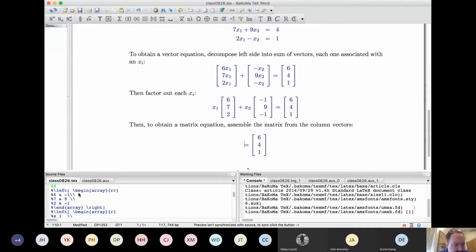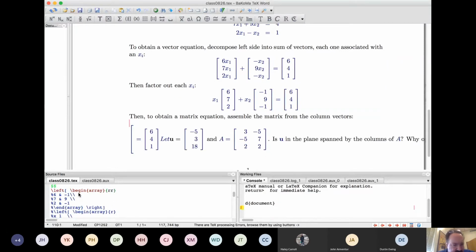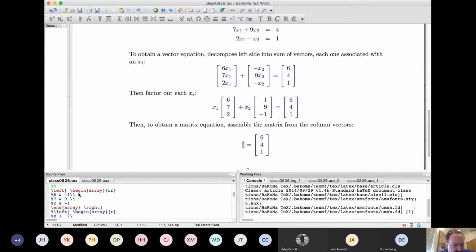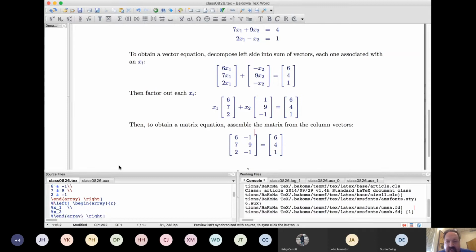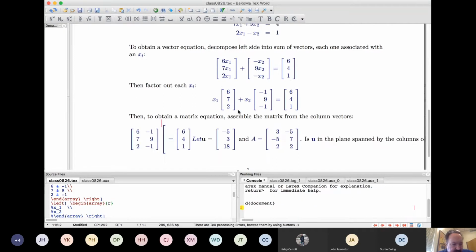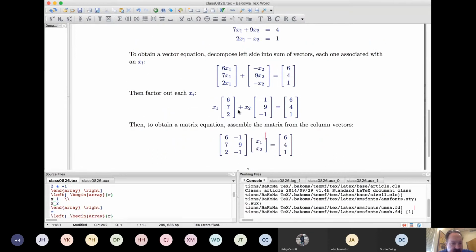So now, for a matrix, we just put the columns next to each other. And then what's multiplying them, going from left to right, we fill the vector in that order. And the vector has to go on the right.